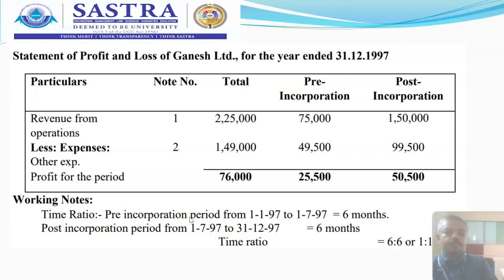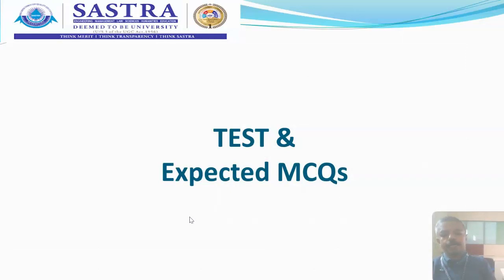The total of pre-incorporation expenses 49,500 and total of post-incorporation expenses rupees 99,500. Now, profit for the period: subtract 2,25,000 and 1,49,000, and you will get 76,000 as profit.